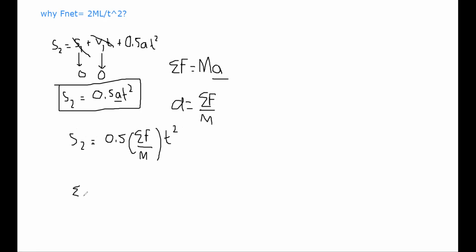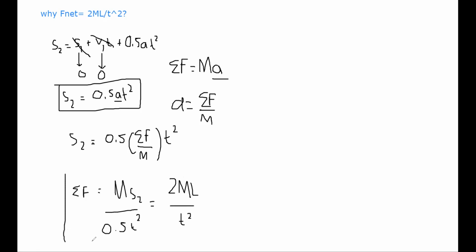In the end, Fnet will become M S2 over 0.5 t square, which is basically the same thing as 2ml over t square. Yeah, so this is how you get Fnet equals 2ml over t square. It does not just apply for experiment 4. Yes, it applies for every experiment from experiment 1 to experiment 4. Get me?